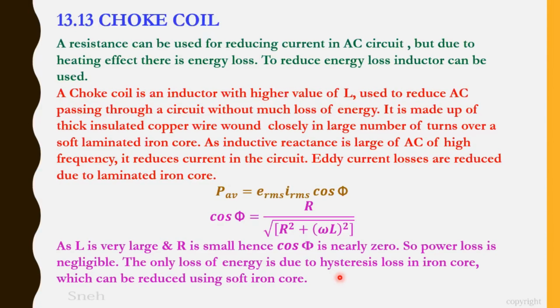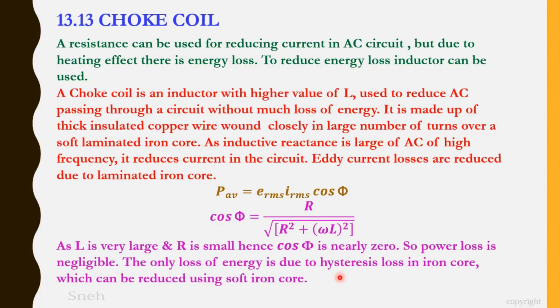So there must be a laminated soft iron core on which a large number of windings are present, and that sort of choke we can use for home appliances, and we can reduce alternating current in the circuit with minimum power loss.